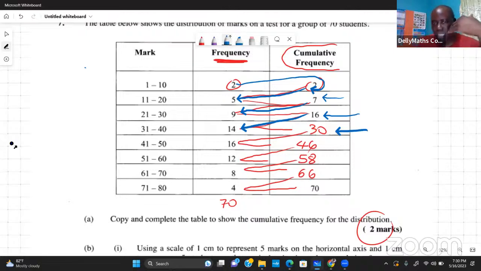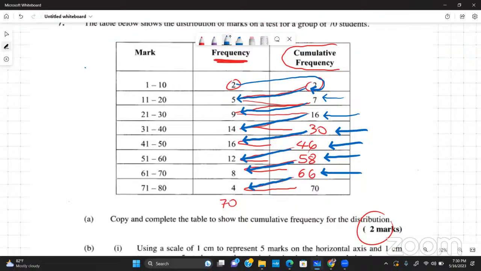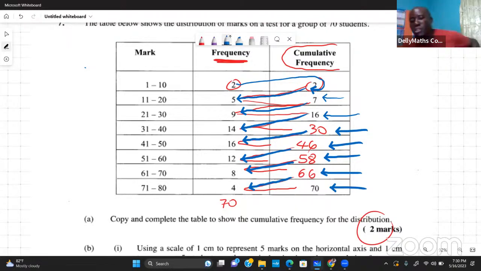Then you take that 30 and add to the frequency below. 30 plus 16, 46. Then you take that 46 and add to the frequency below, 12, 58. 58 plus 8, 66. You're done. But you could just double check again. 66 plus the 4, 70. Very good. So it's called a cumulative frequency, right?